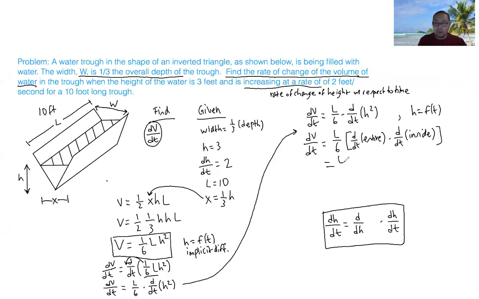And so L over 6 multiplied by, in this case, it's going to be d over dh of your h term, h squared, multiplied by dh dt, because h is a function of t.